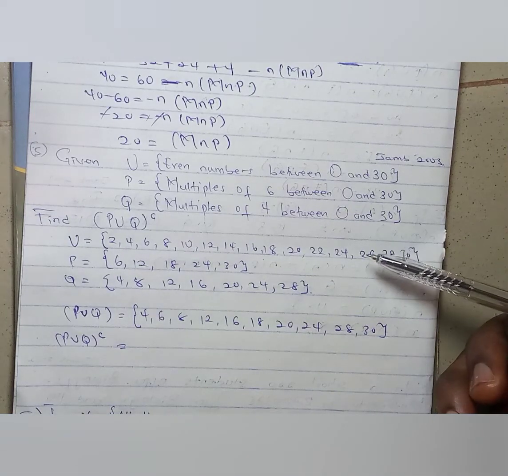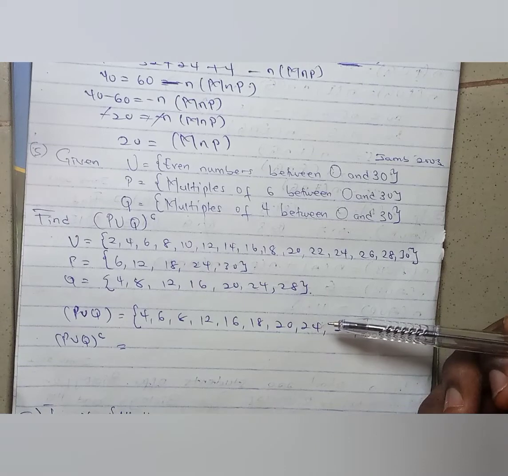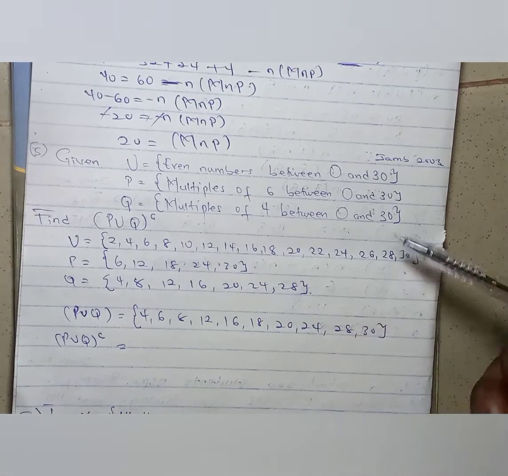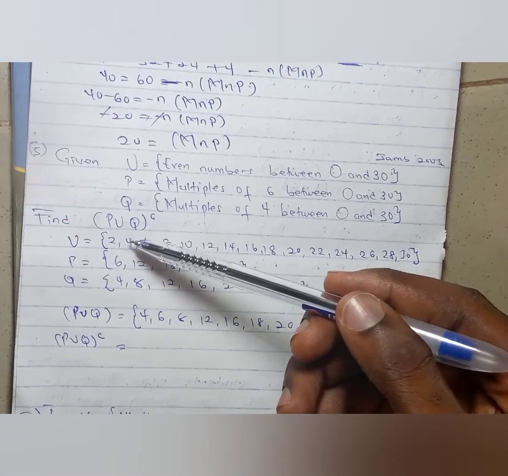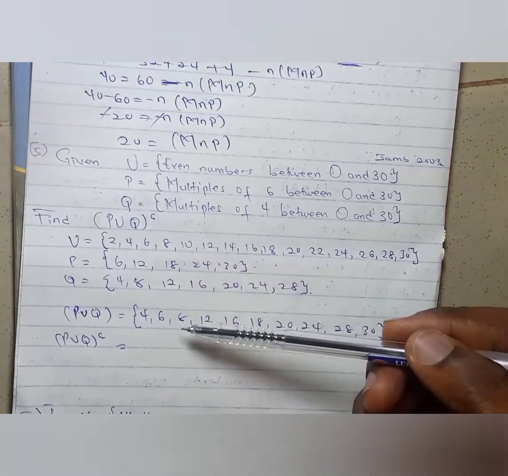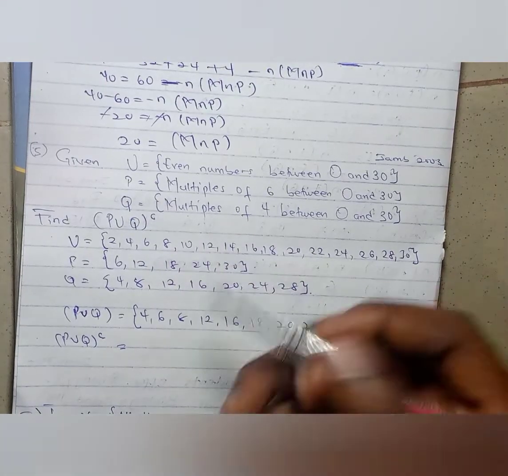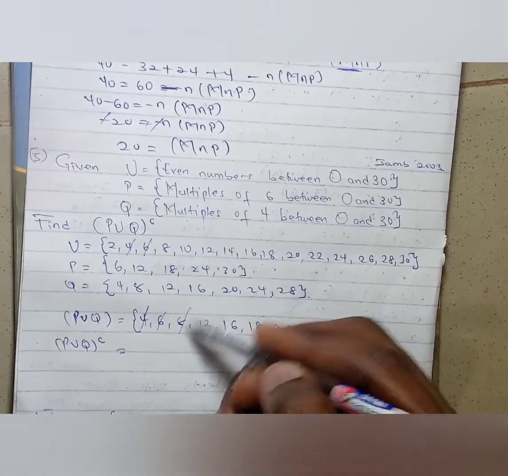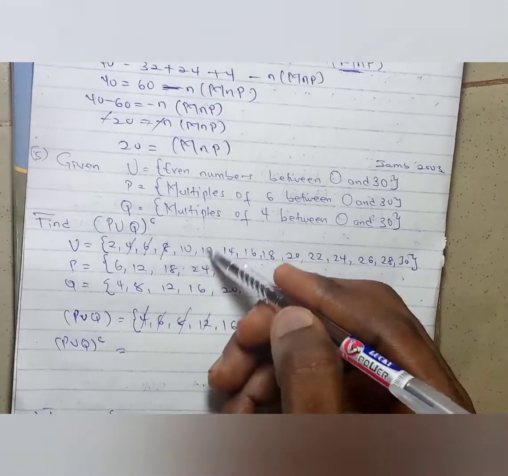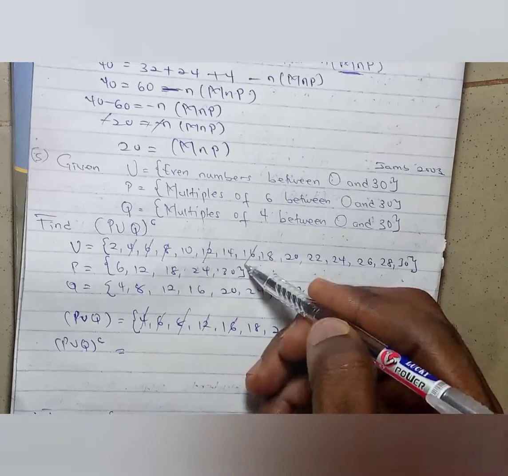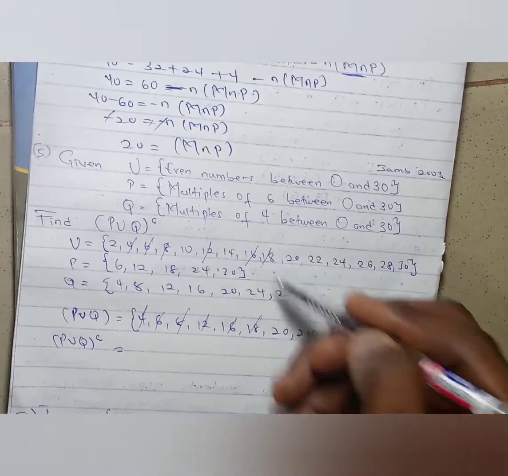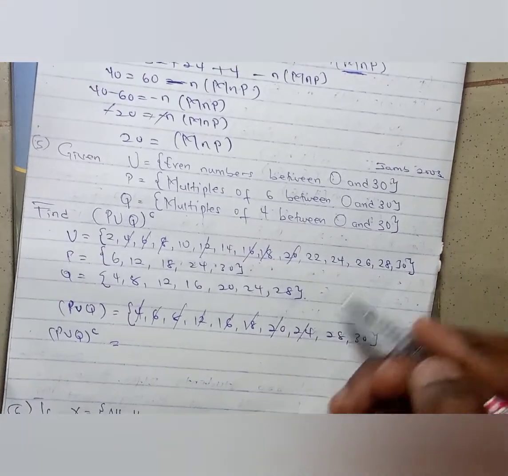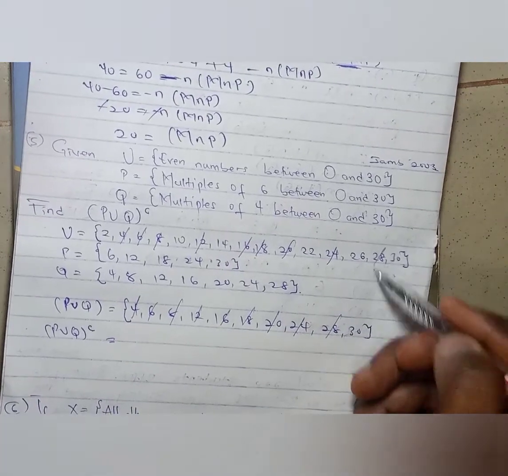Now, to get the P union Q complement, this is all elements in the universal set which are not found in P union Q. 4 is found here, so it's out. 6 is found here, out. 8 out. 12 out. 16, 18 is gone. 20 out. 24, 28, and 30.